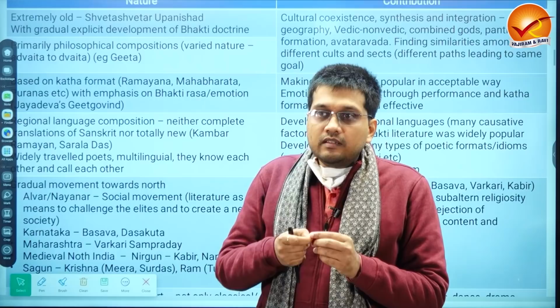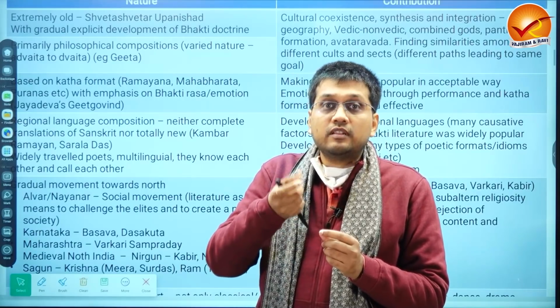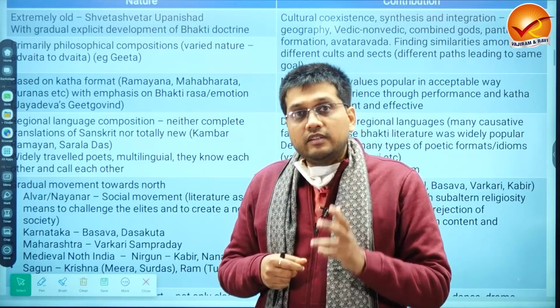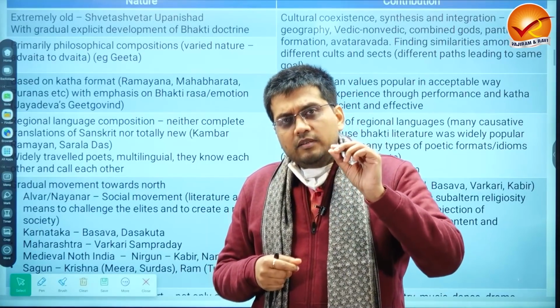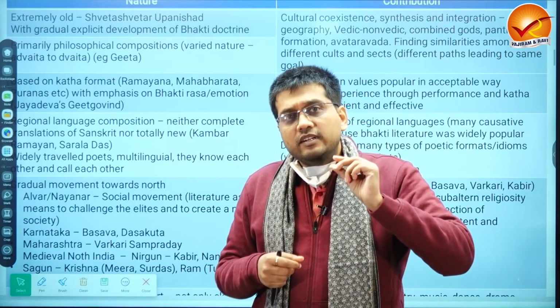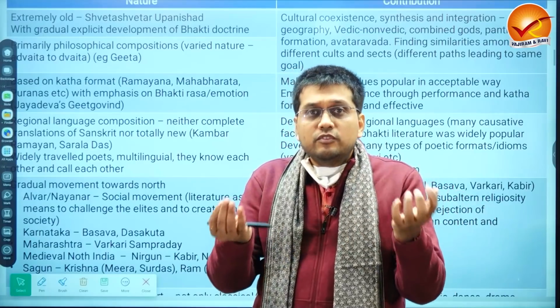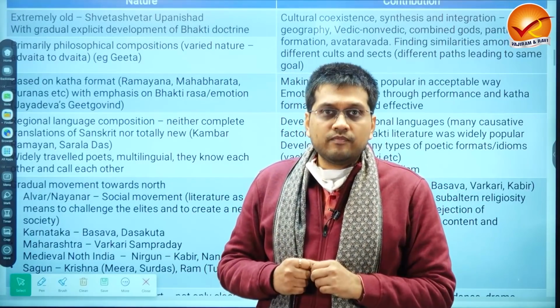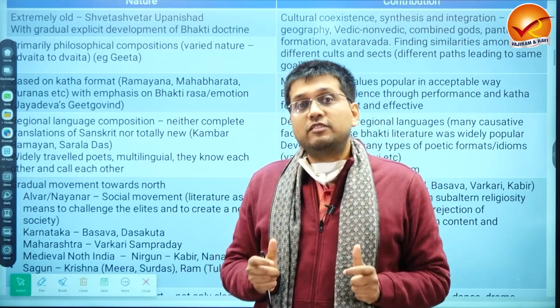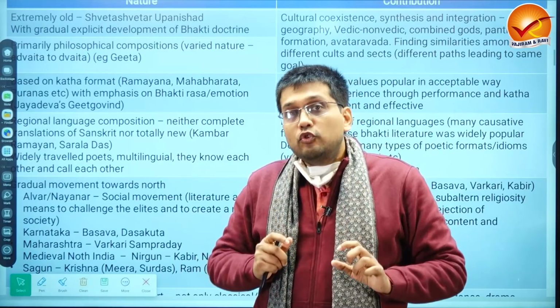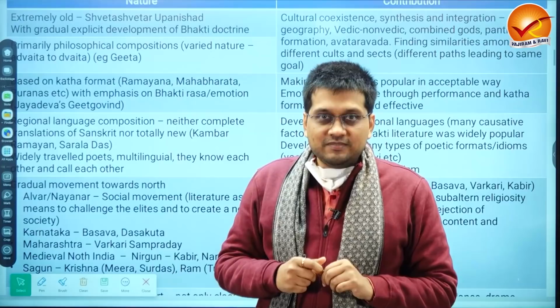And it generates a kind of Bhakti rasa. Now when I say rasa, it is a typical aesthetic, emotional experience or mental state that one comes into when he consumes that bhava, Bhakti bhava. So Bhakti rasa, that emotional experience, is very important, and it is sought to be given through the Bhakti literature.